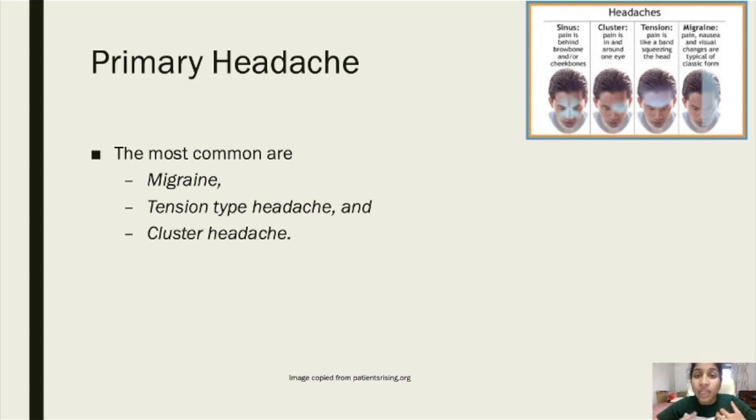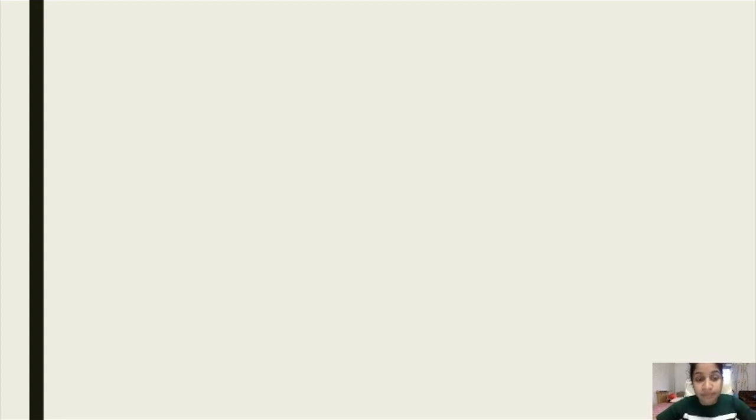There are neurological symptoms also, like photophobia, phonophobia, aversion towards sound, aversion towards light, and on top of that there will be a unilateral one-sided headache. So one-sided headache is migraine, band like squeezing pain is tension type, and if the eye is paining then that is a cluster headache. So we'll go into detail on each disease. First one is migraine.